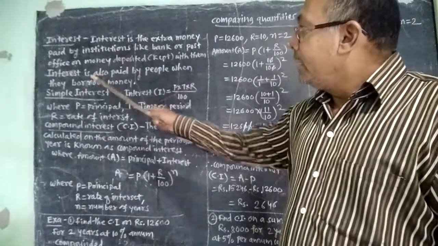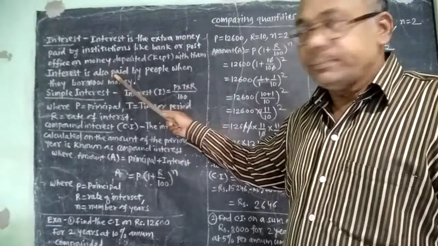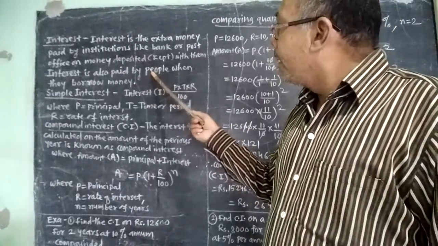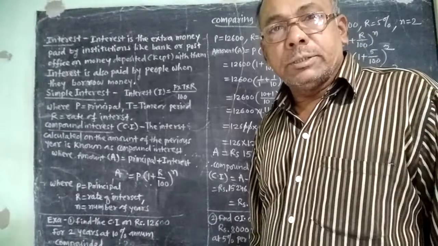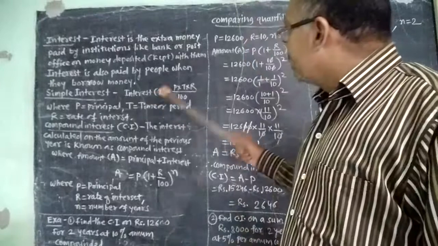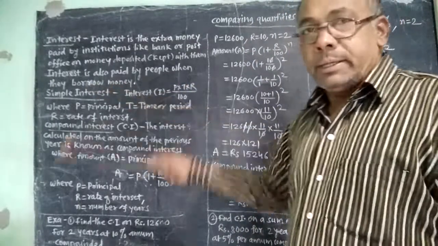Also, interest is paid by people. People also pay interest to the institutions like bank or post office when they borrow money.